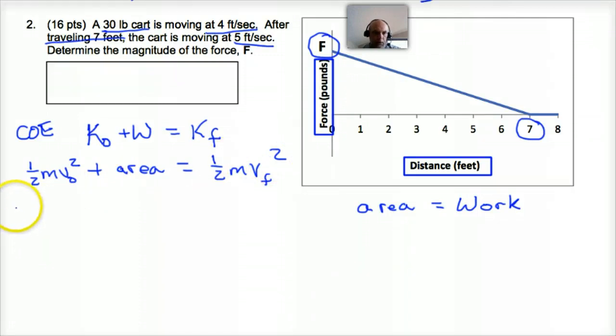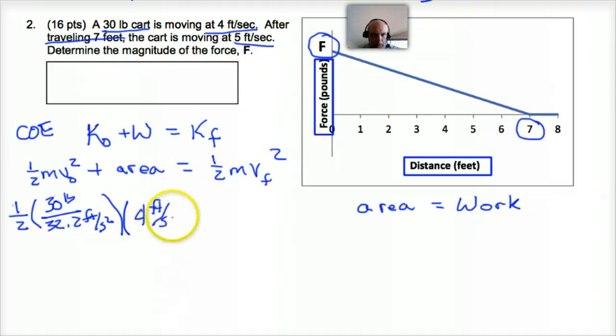Okay, so we start plugging in our numbers. We will have 1/2 the mass, 30 pounds over 32.2 feet per second squared, and initial velocity of 4 feet per second. A little hard to write with my tablet here.